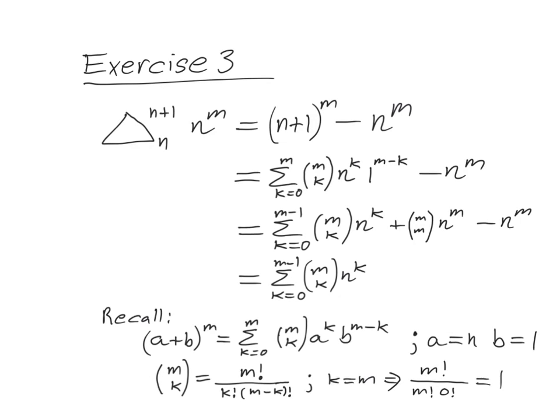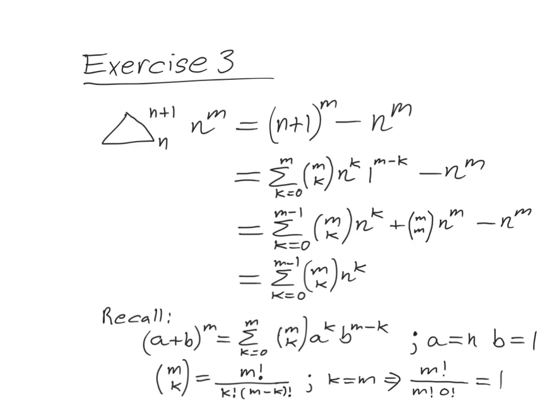Exercise 3 is to compute the delta between n and n plus 1 of n to the m, where m is an integer. To complete this problem, we must remember that we can take the mth power of a plus b by expanding with the binomial coefficients. (A plus b) to the m is equal to the sum from k equals 0 to m of m choose k times a to the k times b to the m minus k.